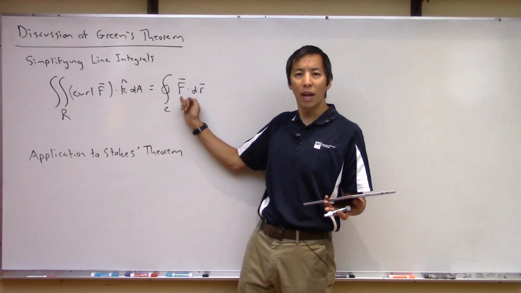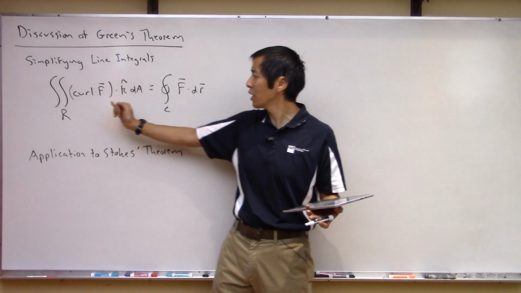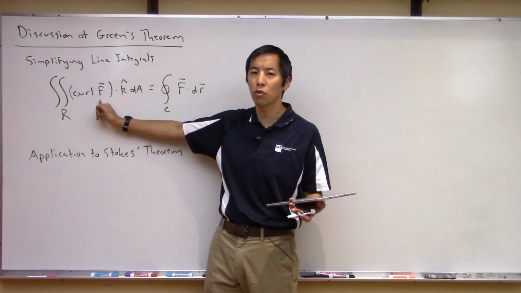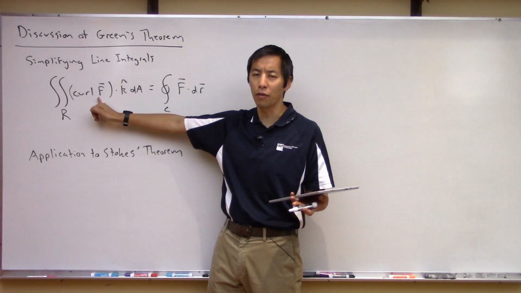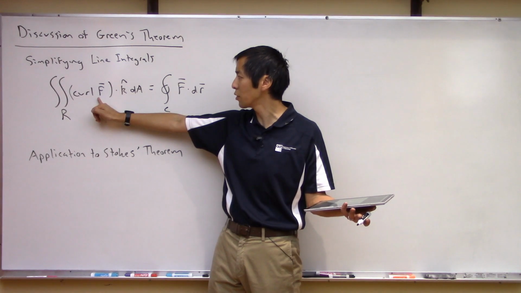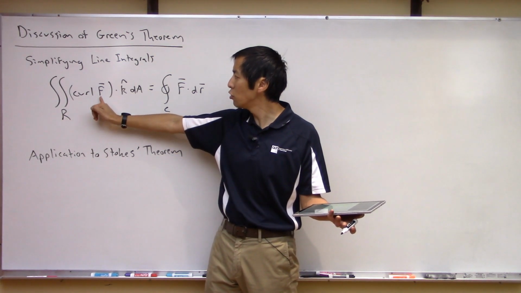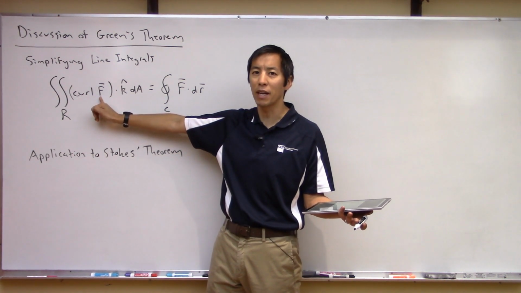So one benefit of using Green's theorem is that it's effectively taking a derivative of the vector function F, because you're now working with the curl of F. We talked about how this is the general formulation of Green's theorem. So this is usually much simpler than F by itself.